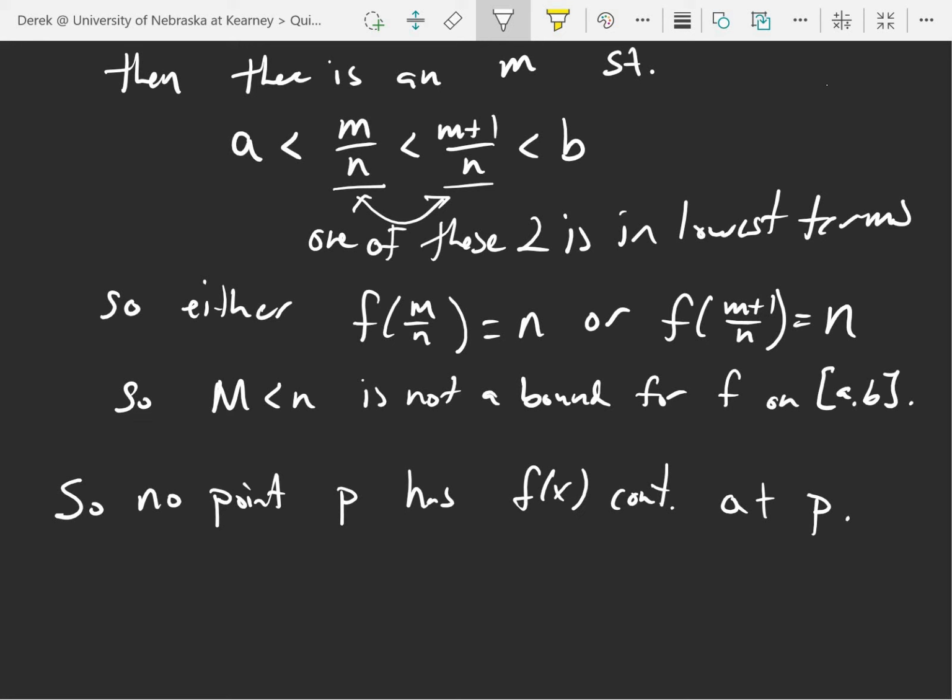There's no limit whatsoever, because if there was a limit, it'd have to be infinite, and infinity is, well, it diverges to infinity if anything, but it can't do that. So this is a very pathological function. Okay, those are the two types of discontinuities, and we're going to start talking about differentiation now.